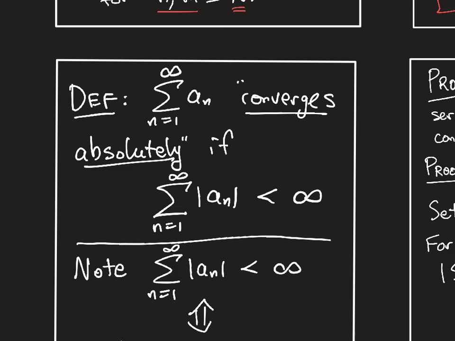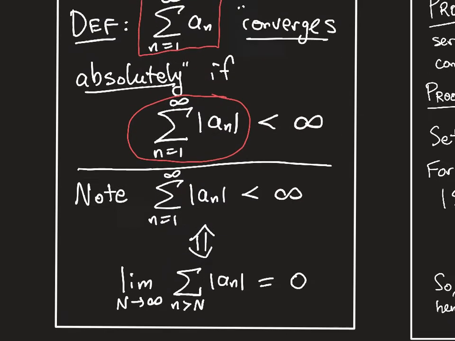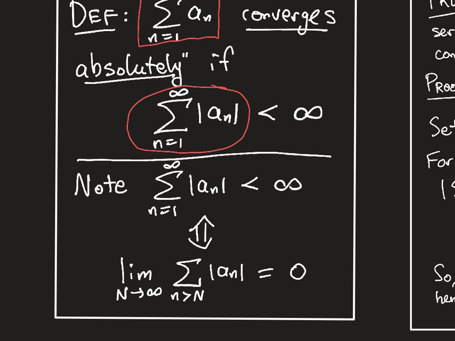So if I have a series, I'll say that it converges absolutely if the sum of the moduli is less than infinity. And it's much easier to talk about a sum of positive numbers because the only way for it to diverge is for it to go to infinity.